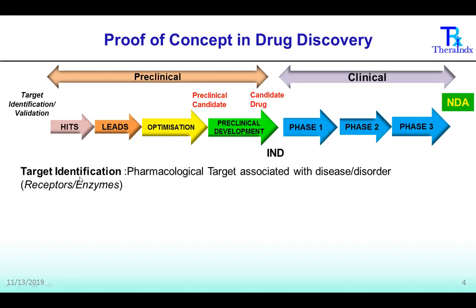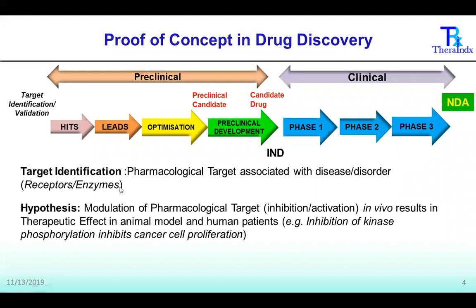I'll talk a bit on the target now. The target is essentially a pharmacological target associated with disease or disorder. It could be in the humans or animals. For example, a receptor or an enzyme. The hypothesis that the project wants to confirm early on in the drug discovery process is that modulation of the pharmacological target, either by inhibition or activation in vivo, results in a therapeutic effect in animal models and human patients.